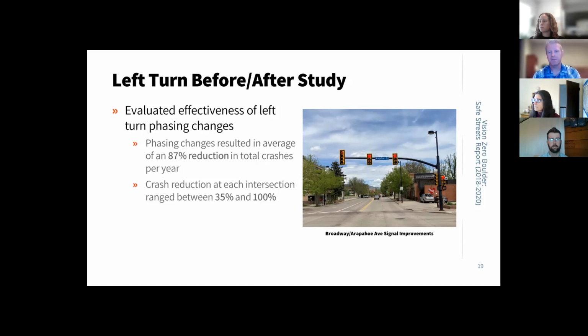We did have about 15 intersections where we had at least 2 years of after crash data that we could use to compare and as a means of identifying the effectiveness of the left turn phasing changes. And what we found was that really they're pretty dramatically effective. They resulted in an average of an 87% reduction in total crashes per year. Next slide, please.